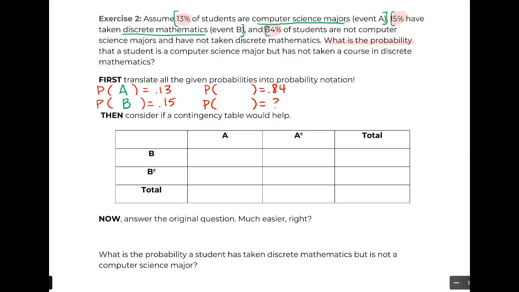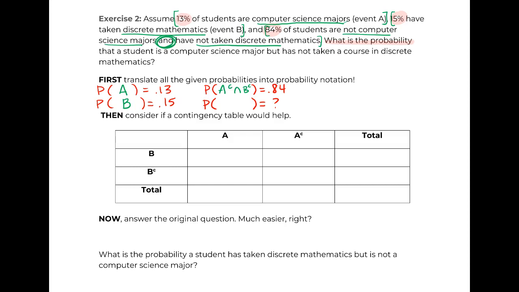And 84, let's see, are not computer science, so that's an A complement, and have not taken discrete mathematics, so that's a B complement. And I'm going to use the intersection notation just because I didn't give myself enough room to write "and".